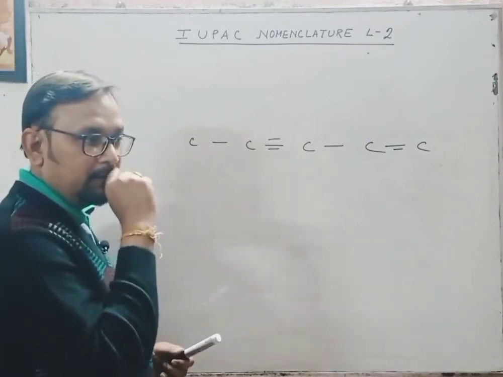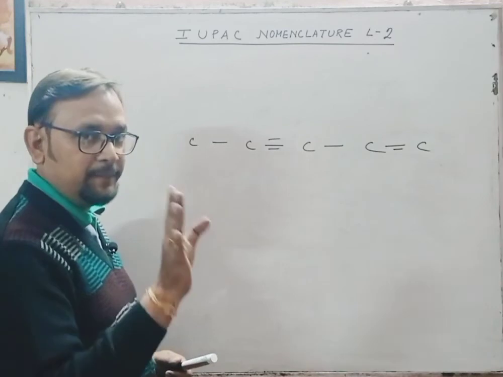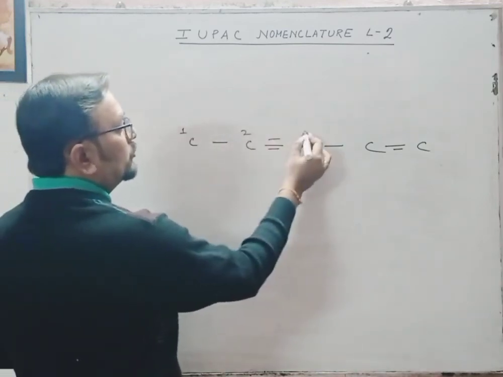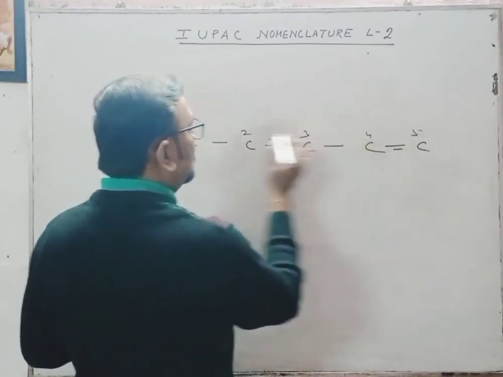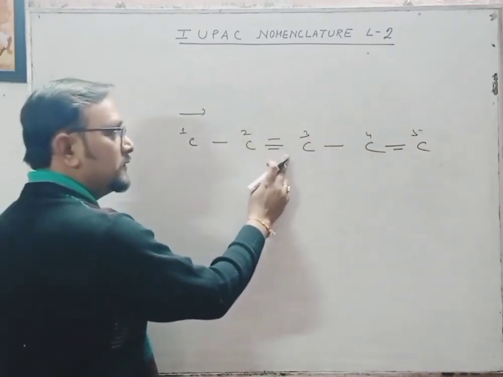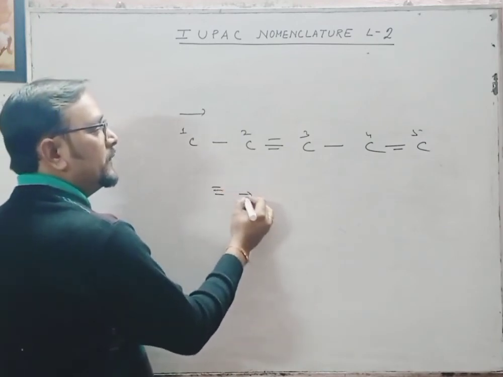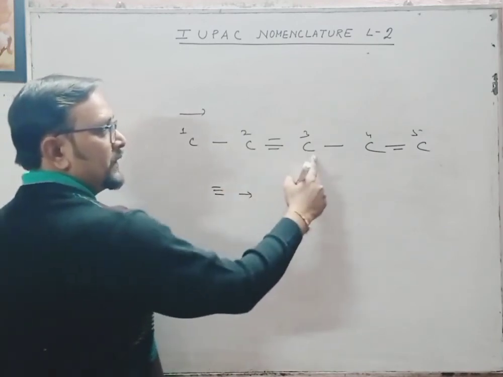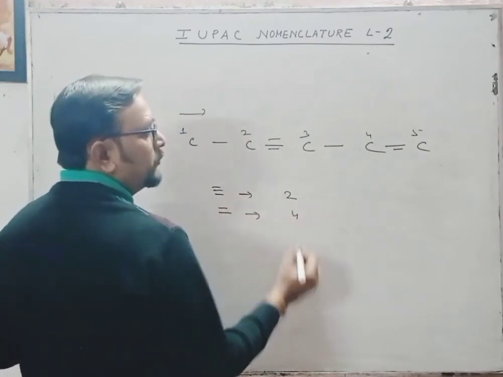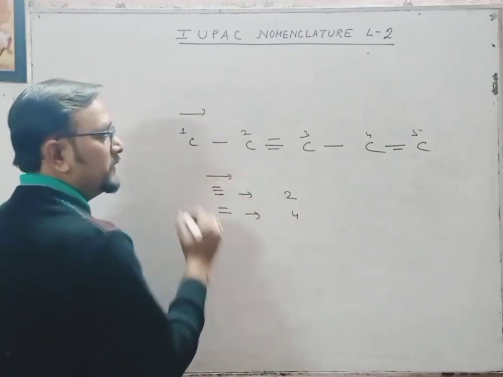In the previous case the summation was the same. Let us check with the summation only. 1, 2, 3, 4, 5. If I follow this side, then the triple bond is at the second position and the double bond is at the fourth position.